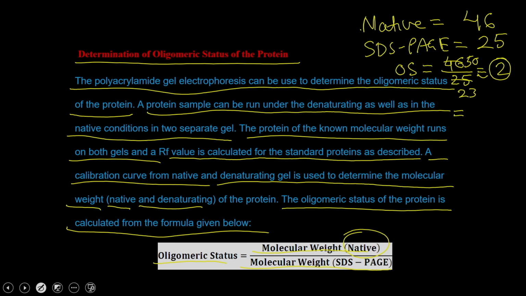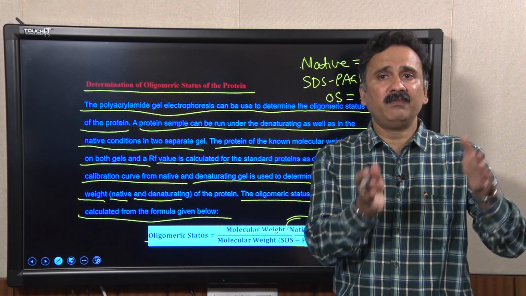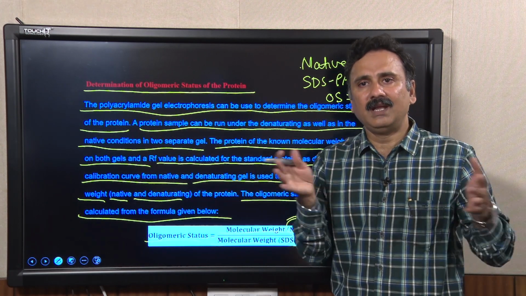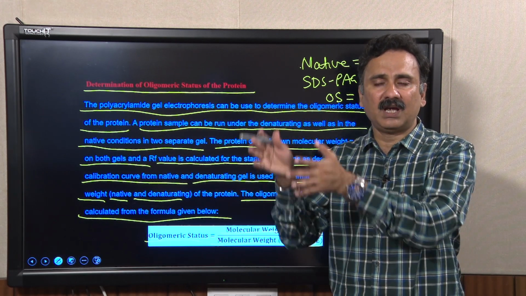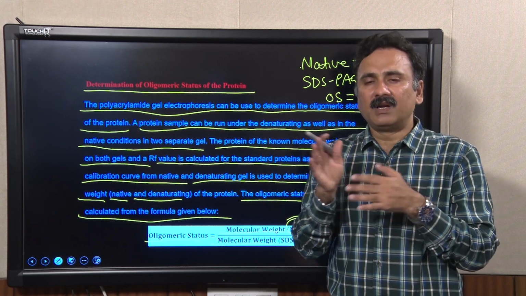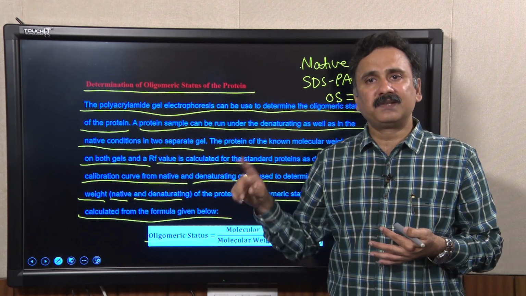But as you know, the oligomeric status is a perfect number. It cannot be 1.75 or 2.25 or any other number. It can be either 1, 2, 3 or 4; it cannot be a middle number. That is why whatever number you get, you have to make it the next round figure.